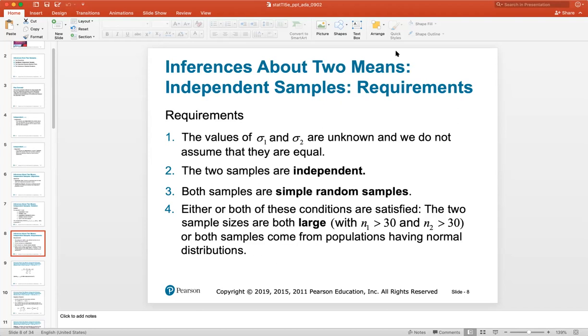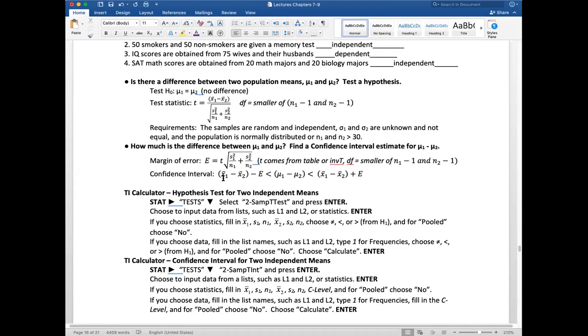Now we learn how to figure out the answer for the hypothesis test. First, we assume the null hypothesis H sub 0 is mu sub 1 equals mu sub 2.